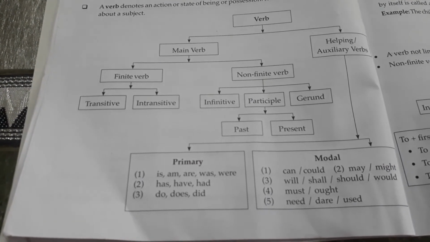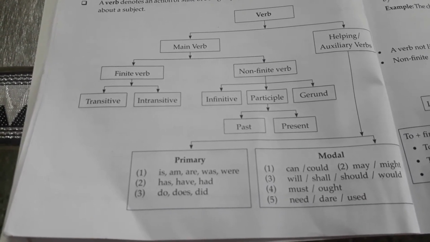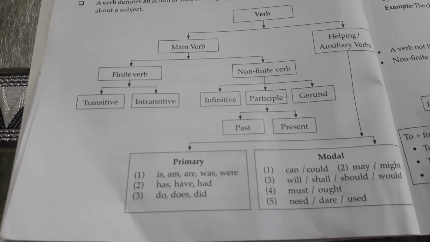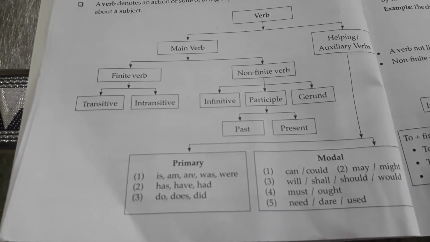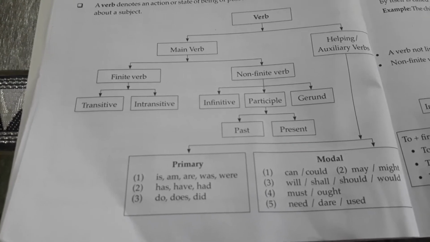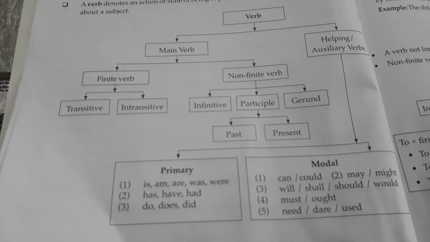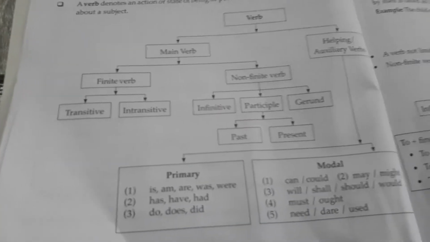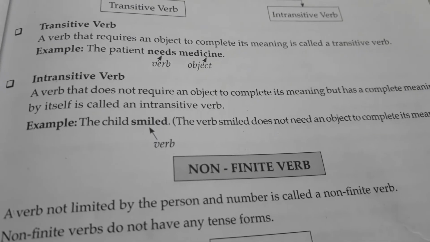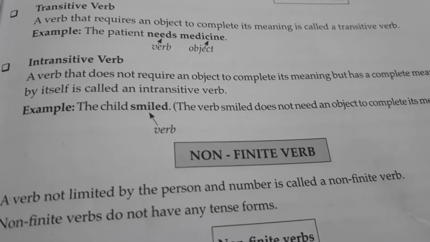Intransitive verb means it is not necessary that the object should be present in the sentence. Without the object the sentence gets its complete meaning. So it becomes an intransitive verb. An example for a transitive verb is: the patient needs medicine.